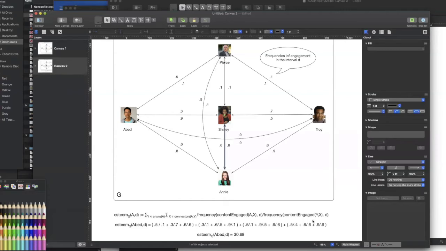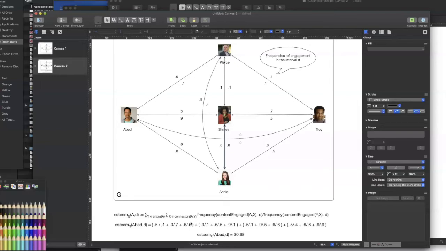Inside a component, how many should there be? Well, we're looking at relative, so we take 2 out of the graph. Since this is a completely connected graph, every other party is going to be a connector. So if you take 2 away from 5, you get 3. Each component of the outer sum should be a sum of 3 things, and each one of those 3 things should be a ratio.